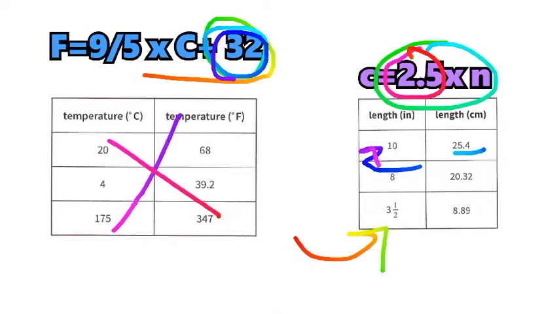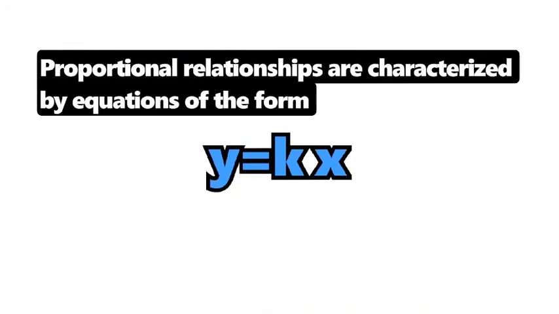What do we notice about the forms of these equations? Yeah, in a proportional relationship, we are just multiplying. We're not adding, dividing, subtracting anything. Proportional relationships are characterized by equations of the form y equals kx, which means that the equations for proportional relationships are always going to look really similar to this equation.